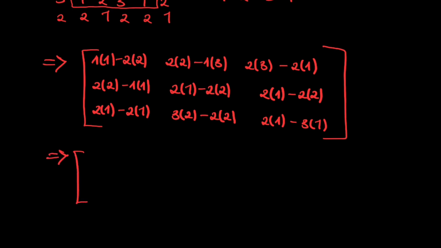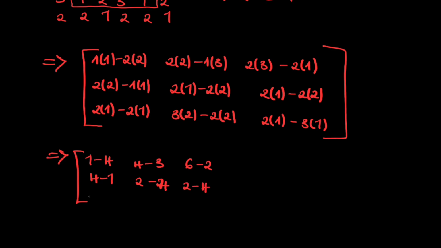So we take the first one, that is 1 minus 4, 4 minus 3, 6 minus 2, 4 minus 1, 2 minus 4, 2 minus 4, 2 minus 2, 6 minus 4, and 2 minus 3.